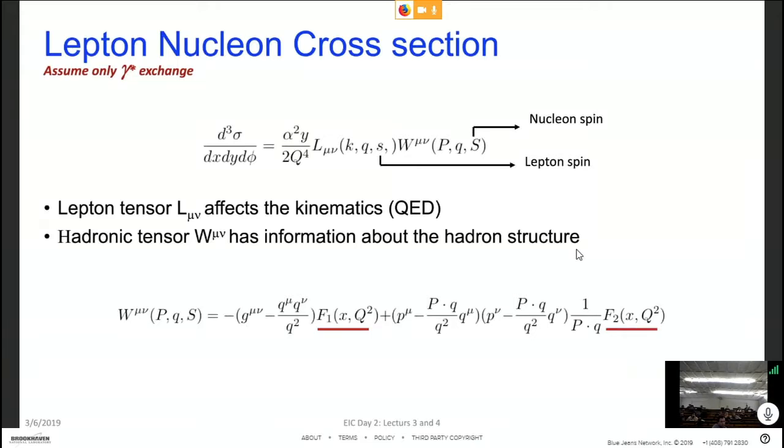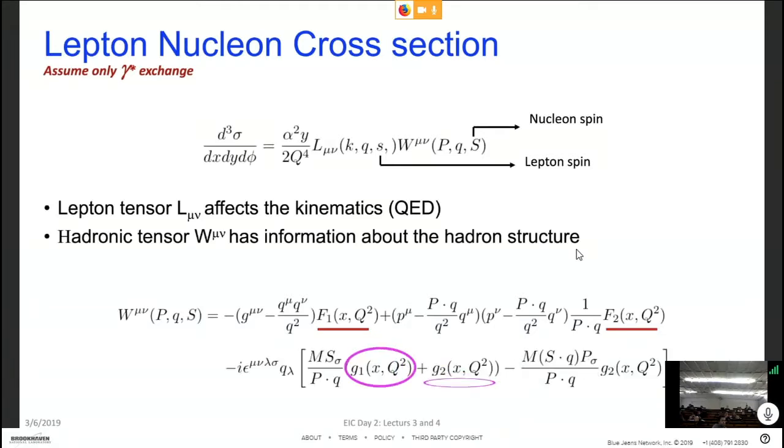The W mu nu is then characterized by two structure functions, F1 and F2, as shown with red underlines. If you include the spin, then it adds to the same W mu nu two more structure functions, the g1 and g2 spin structure functions. g1 is characterized by when the quarks and the probing photon or the proton are parallel and anti-parallel to each other.